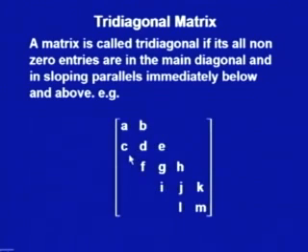For example, this matrix is tridiagonal. We have one main diagonal, then the diagonal immediately below, and the diagonal immediately above, and all remaining entries in this matrix are 0. Since our coefficient matrix in this numerical method is a sparse matrix, having many zeros placed at different places, that is why we used the Gauss-Seidel method rather than the Gauss elimination method.